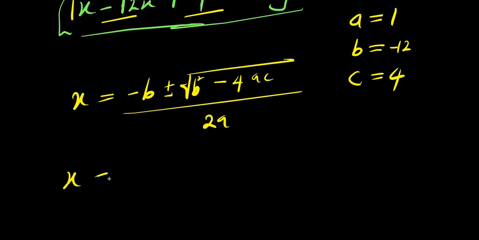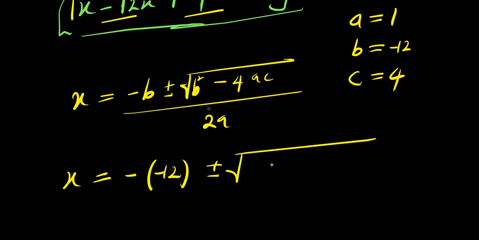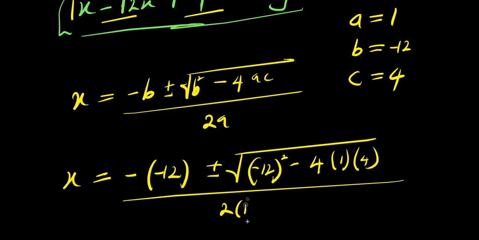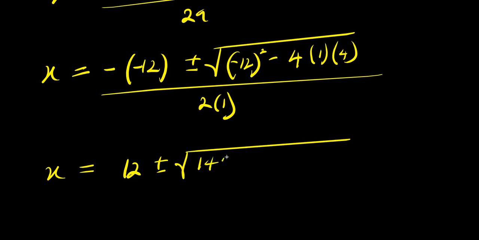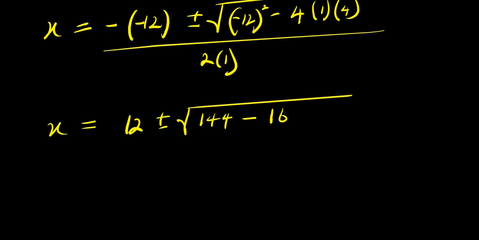So from here, I have x equals negative times negative 12 plus or minus square root of negative 12 to the power of 2 minus 4 times 1 times 4, divided by 2 times 1. From here, I have x equals 12 plus or minus square root of, this is 144 minus, this is 16, 4ac is 16, divided by 2.